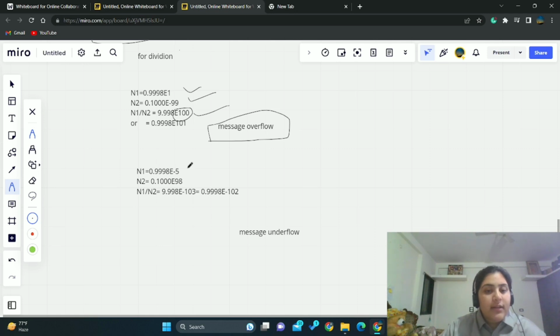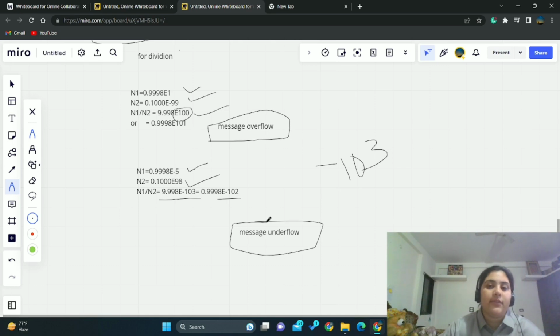Now 0.9998 e raised to the power 5 and 0.1000 e raised to the power 98 will result in this, and minus 103 is a very small value, so we cannot store this much small value, so the message will be underflow.